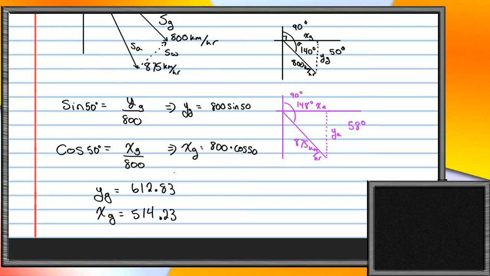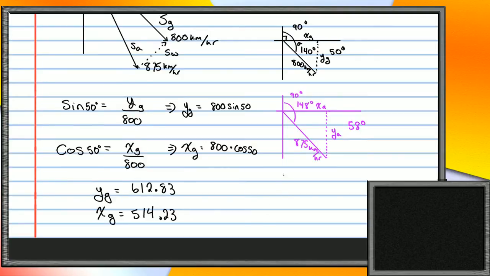Okay, because it is just the same as we did with that last question. We've just got our hypotenuse, and we're going to find our components. Same thing. Now let's do it again for our airspeed. I'm just going to do it in purple so we have a different color, but it's going to be the same thing. It's just going to be different values, right?